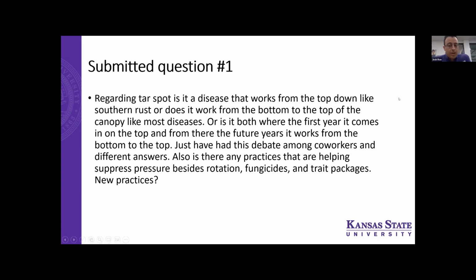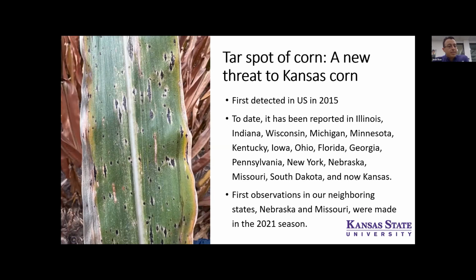So starting with tar spot, it's a new topic for us here in Kansas. As you can see, I have a picture showing the symptom. It's this black structure that will develop on the surface of the leaf, husks, basically any tissue above ground.